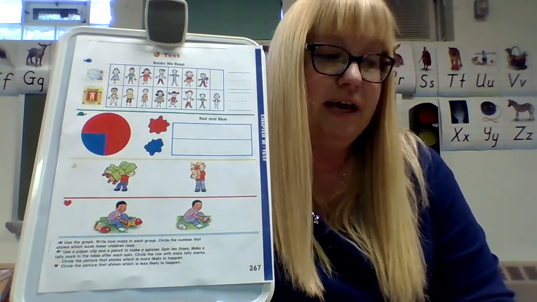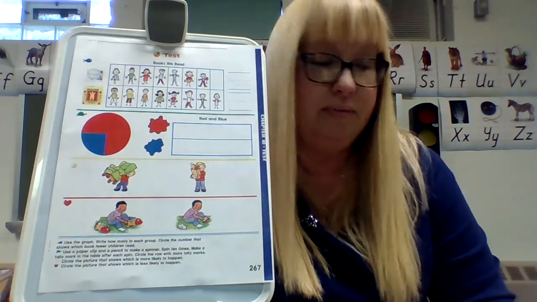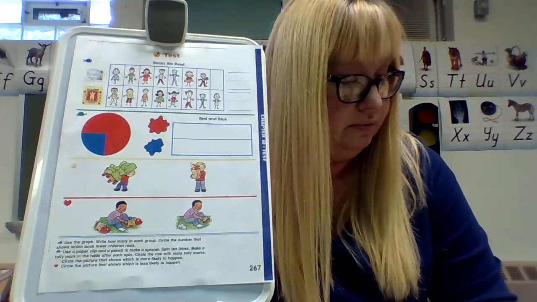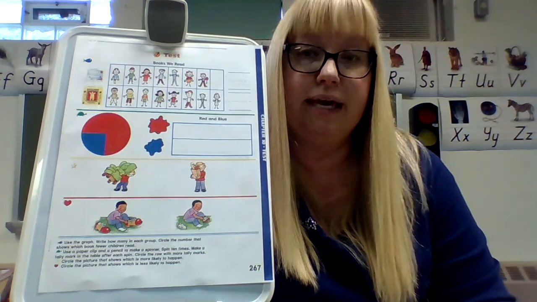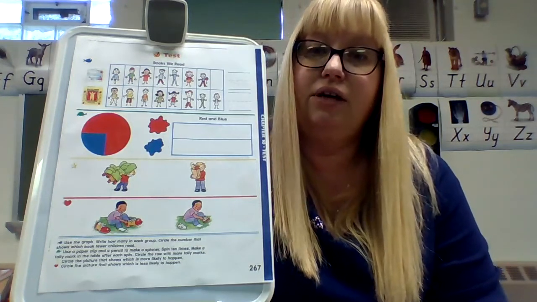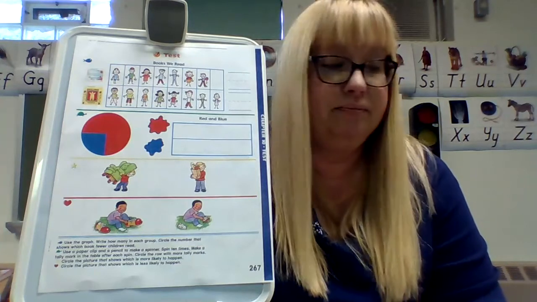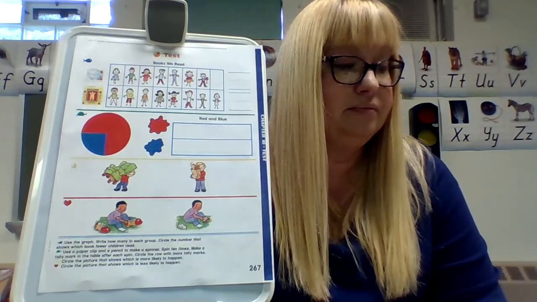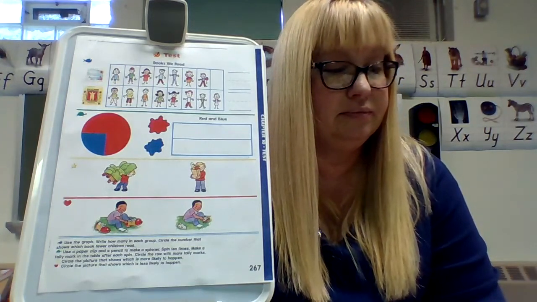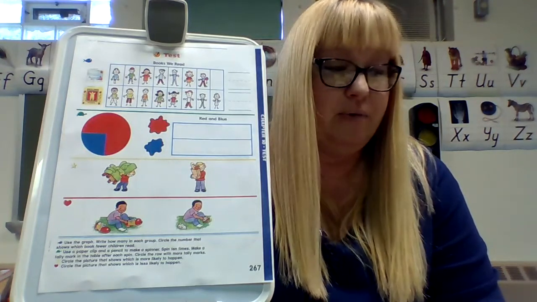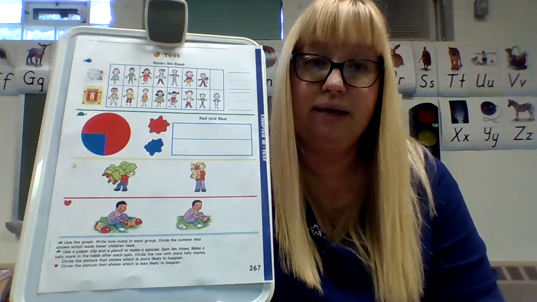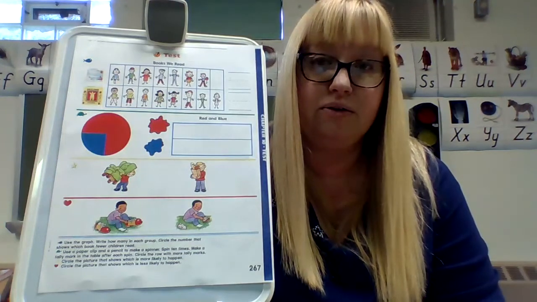All right, so count how many in each row and write their numbers down. And I'm going to read, you're going to circle one of the numbers again. So take your time and count them. I would go back and just count them again to make sure that you have the right number, because there are quite a few kids there.